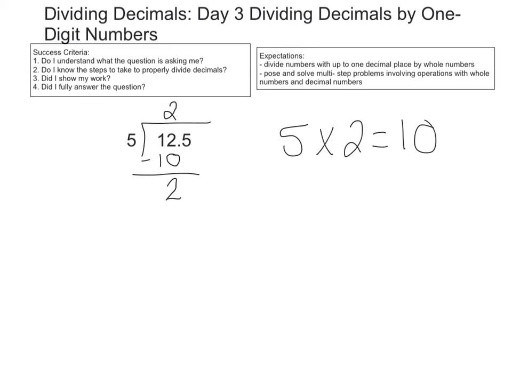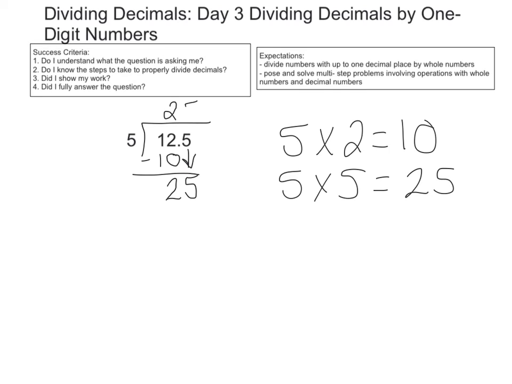Our next step is to bring the 5 down and ask ourselves, how many times does 5 go into 25? We know that 5 times 5 equals 25.